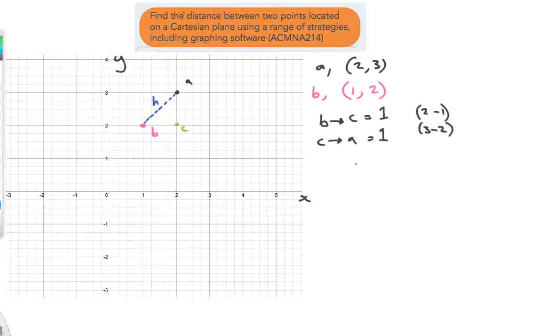So now here we have to remember something important, and that's the fact that, first off, if we recognize we can represent this as a triangle, then we can use Pythagoras' theorem.